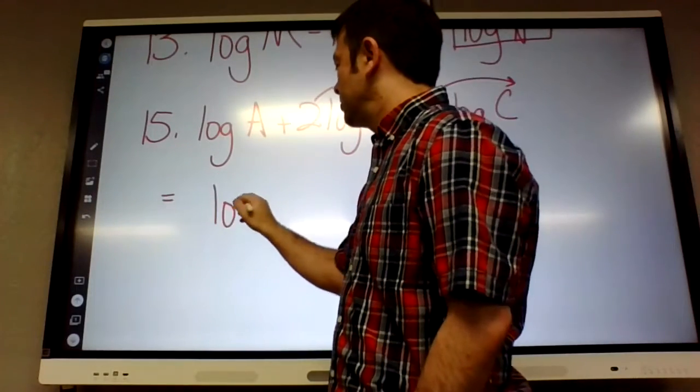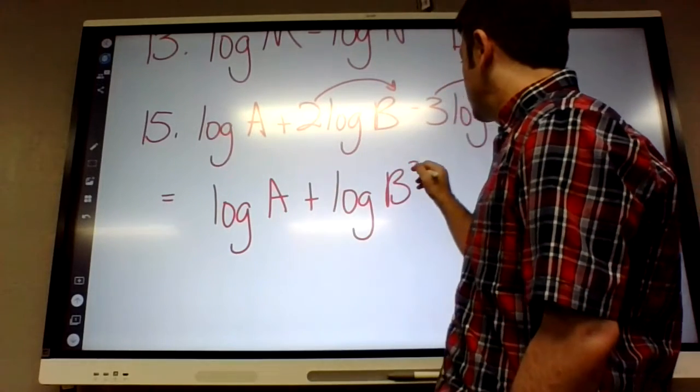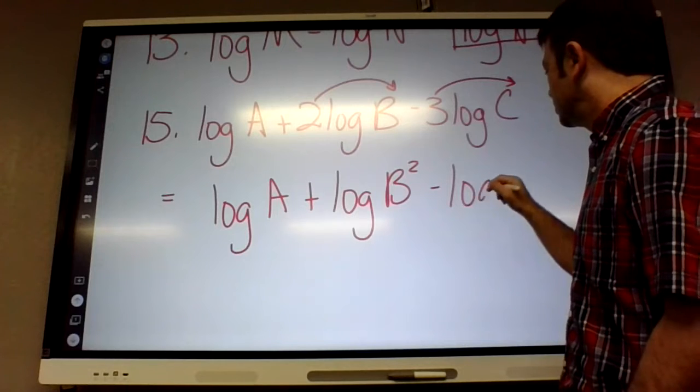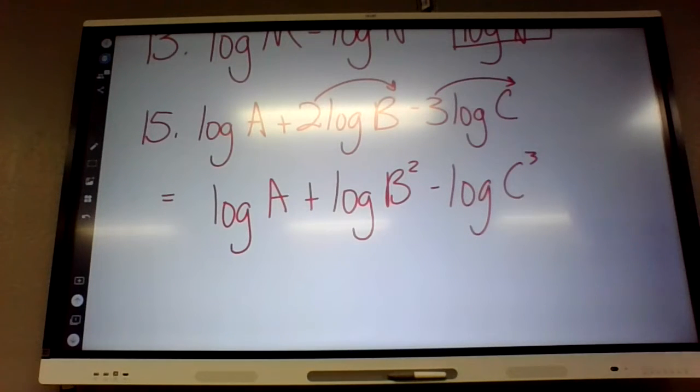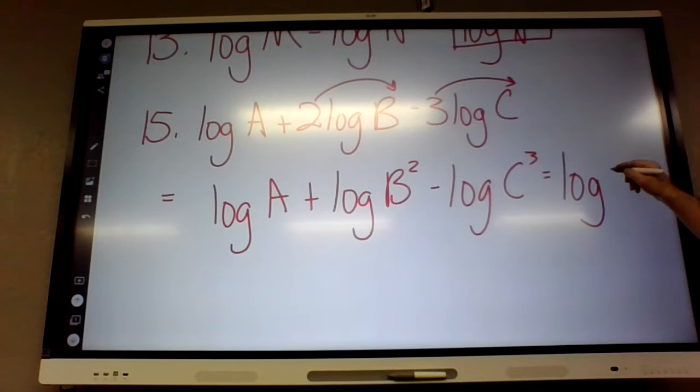So we got log A plus log B squared minus log C cubed. Now what do you think? You multiply the first two from there. Yeah, AB squared. What do I do with this guy? B squared over C cubed. Yeah, AB squared over C cubed. Yes. That's it. As easy as 1, 2, 3, A, B, C.